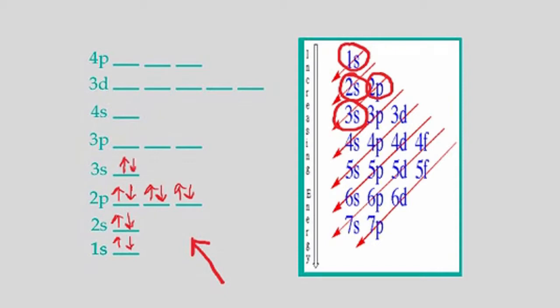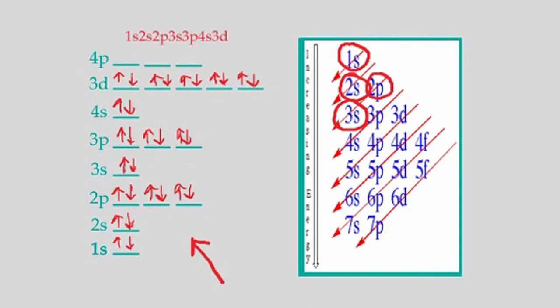3s, 3p, 4s, and finally 3d, which has 5 orbitals, 10 electrons. All of these can be simplified into the equation 1s, 2s, 2p, 3s, 3p, 4s, 3d.